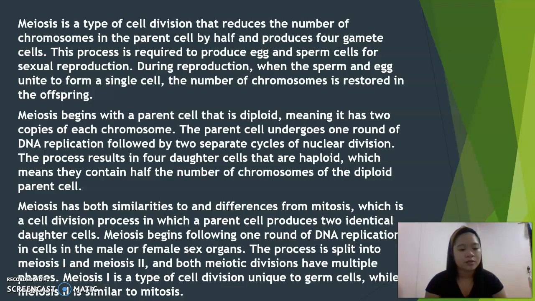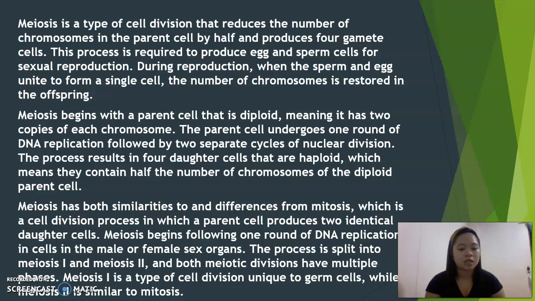The process results in four daughter cells that are haploid, which means they contain half the number of chromosomes of the diploid parent cell. Meiosis has both similarities to and differences from mitosis, which is a cell division process in which a parent cell produces two identical daughter cells.